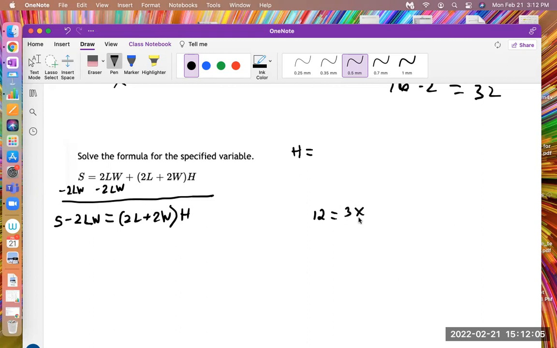What do I do to get rid of that 3? I do the opposite. I divide by 3 on both sides. If I have a coefficient on the x, then I divide by that coefficient on both sides. If I know what W and L are, it just becomes a coefficient. All that stuff is like the 3. It's just stuff being multiplied by the variable I wish to solve for. So I have to divide by that stuff on both sides.